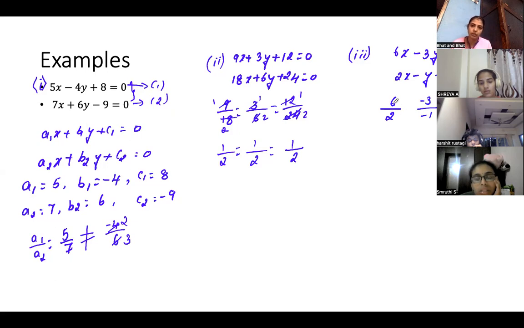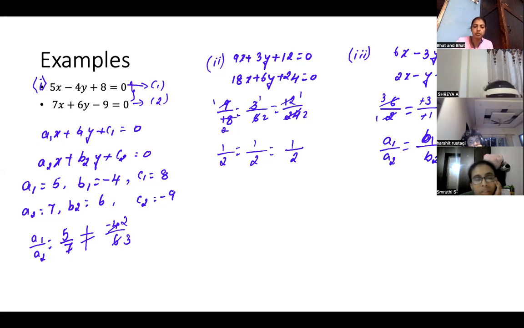Correct? Now we can simplify this, that is 3 by 1. So minus and minus get cancelled. So these two are equal, but these two are not equal. Correct? So that is parallel. a1 by a2 is equal to b1 by b2, which is not equal to c1 by c2.